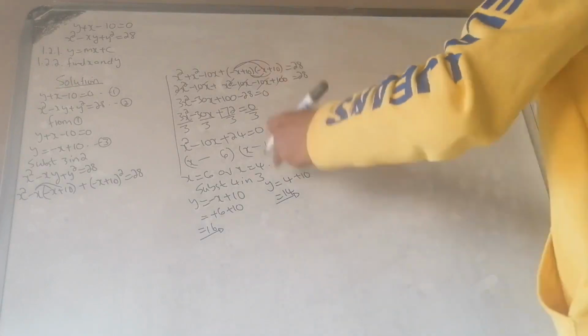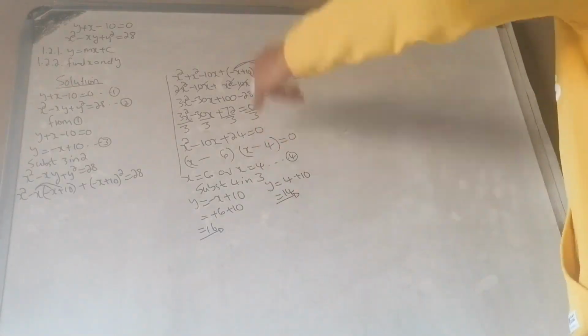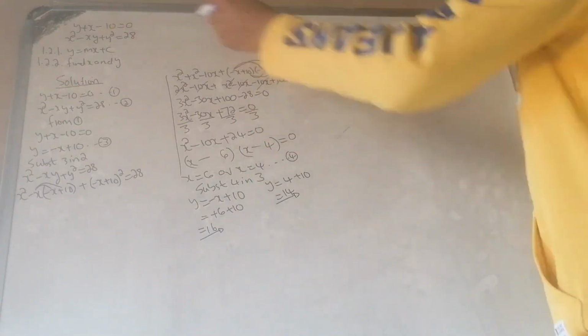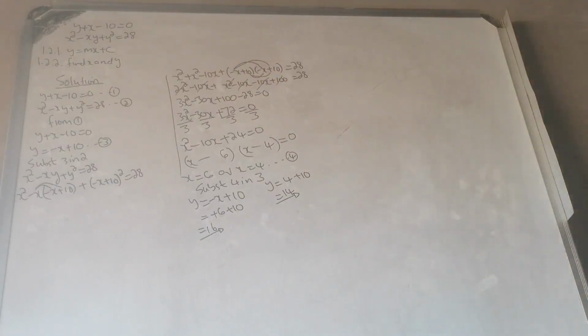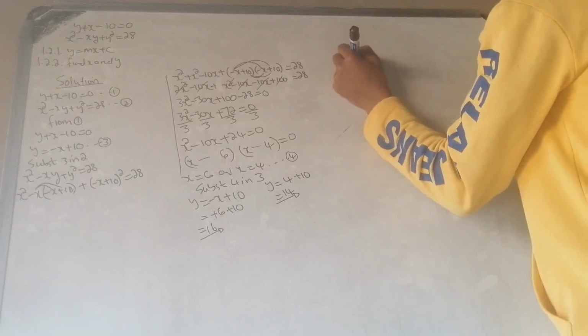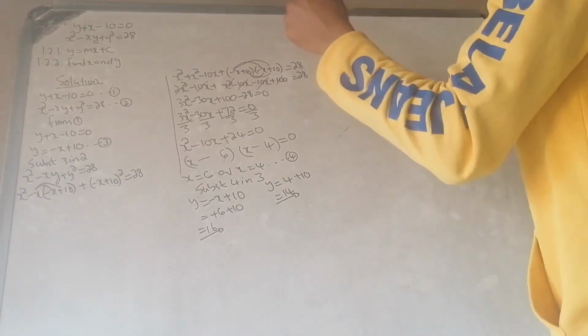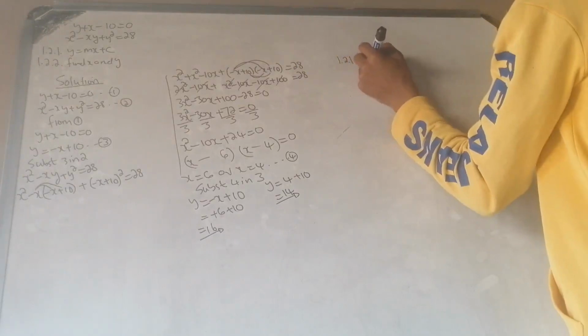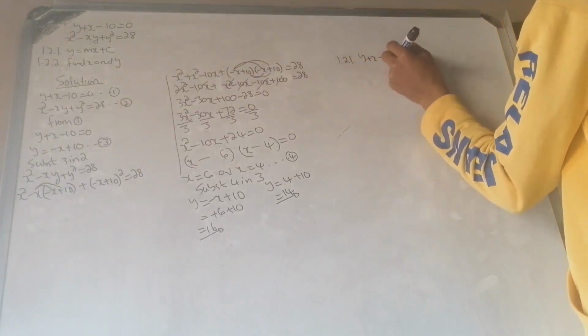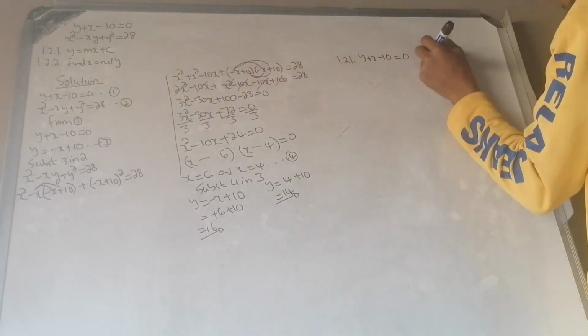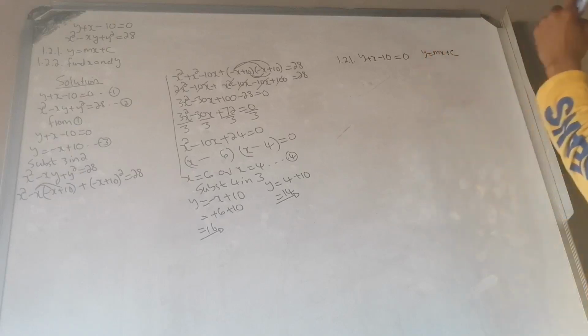But this is not 1.2.1, this is 1.2.2. We haven't done 1.2.1. For 1.2.1, they said we should write y plus x minus 10 in the form y equals mx plus c.